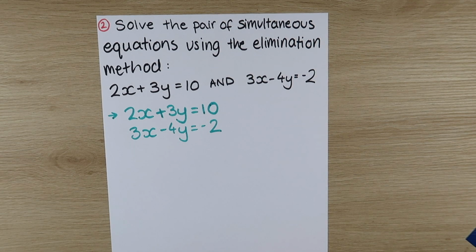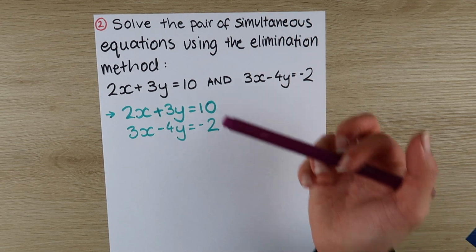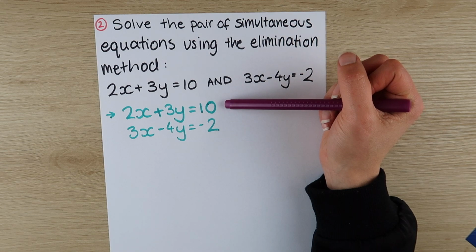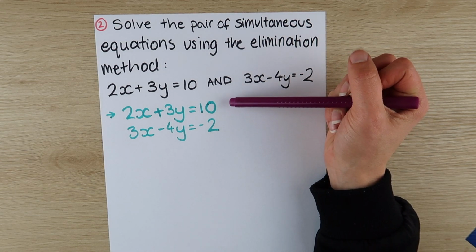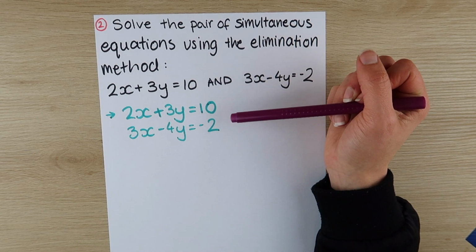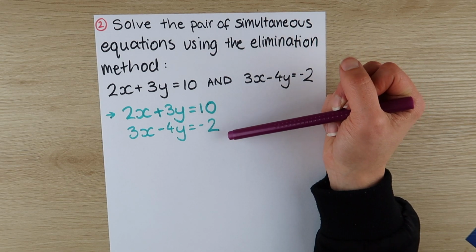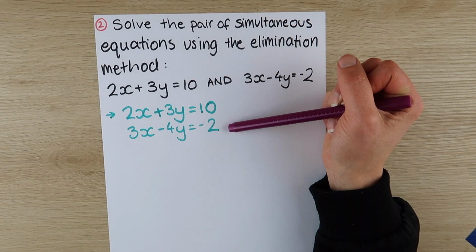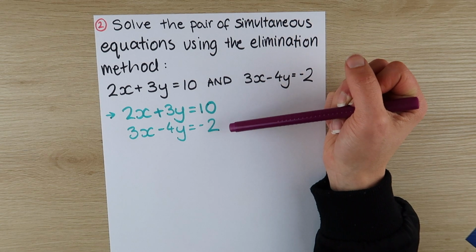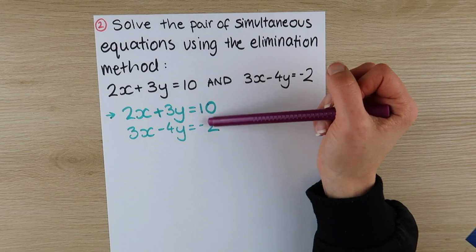In the previous example, we multiplied one of the equations by 2 to make sure that we could cancel out the 2 y's. In this case, I'm going to need to multiply both equations by a certain number so that I can get the same coefficient for one of my pronumerals.